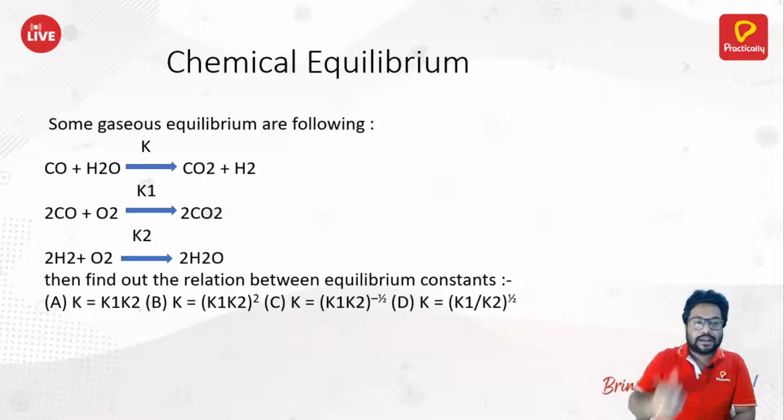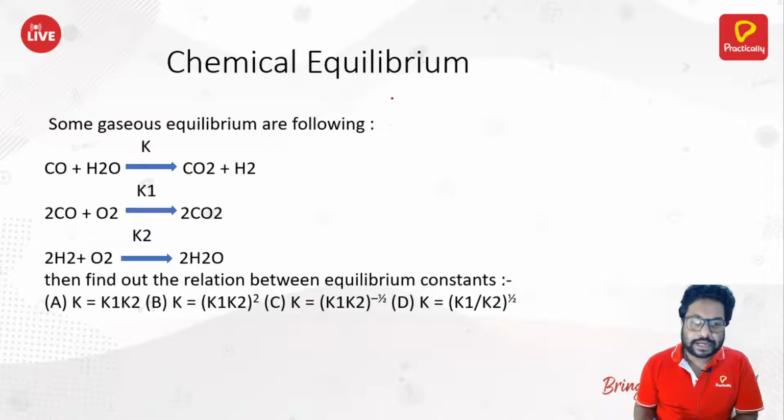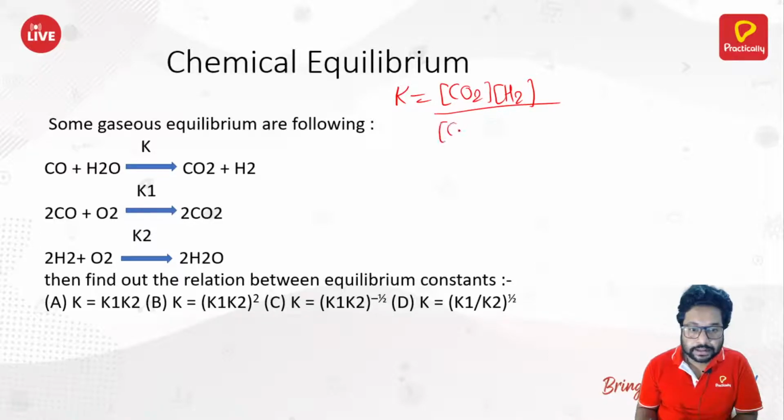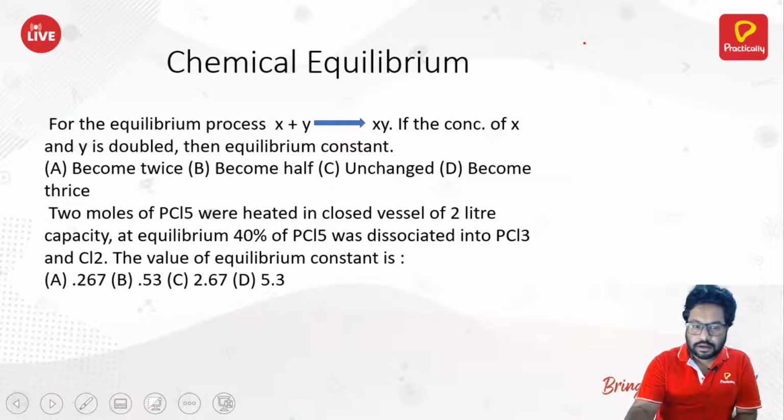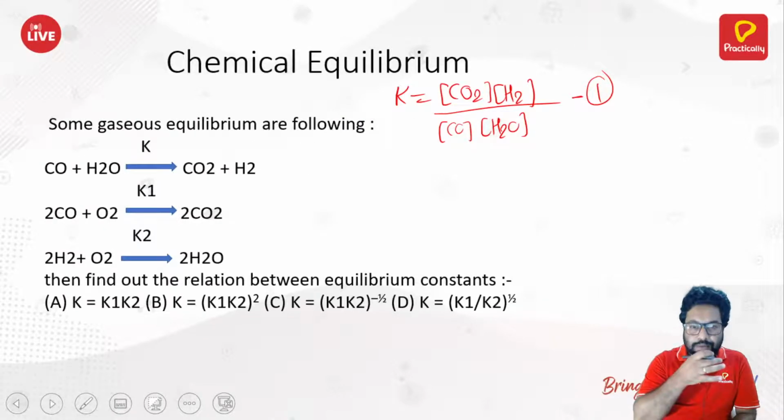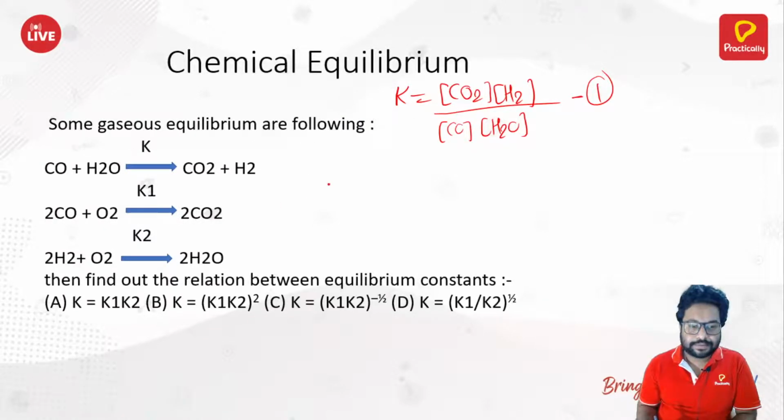So let's write one by one. Let's write the first K. K is equal to CO2 into H2 divided by CO and H2O. That is our equation number 1. Then K1.